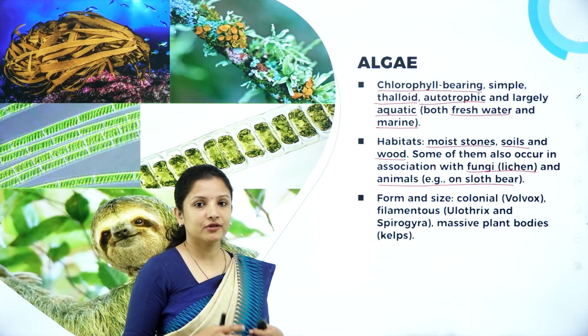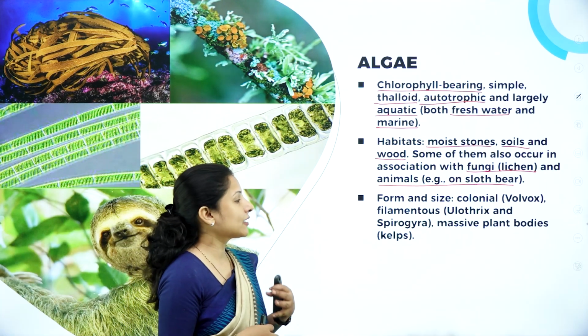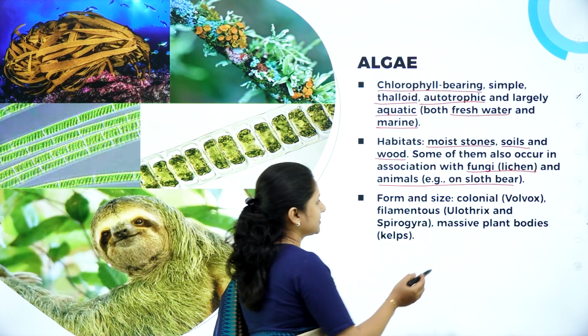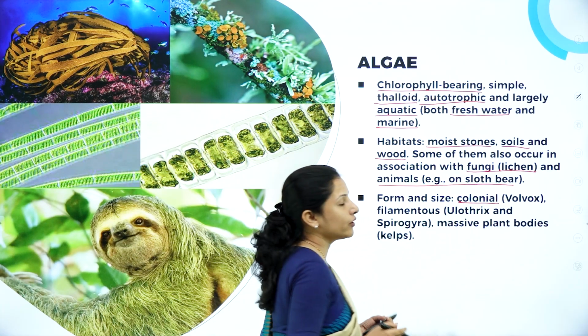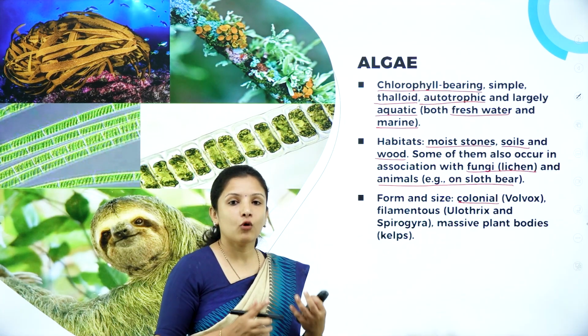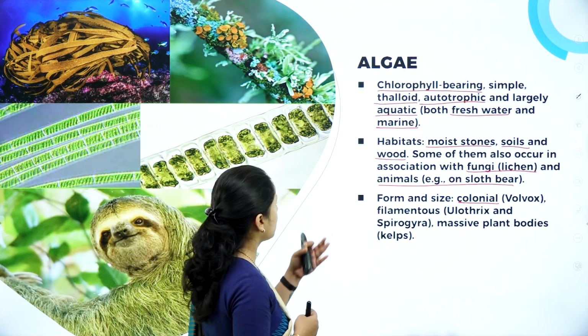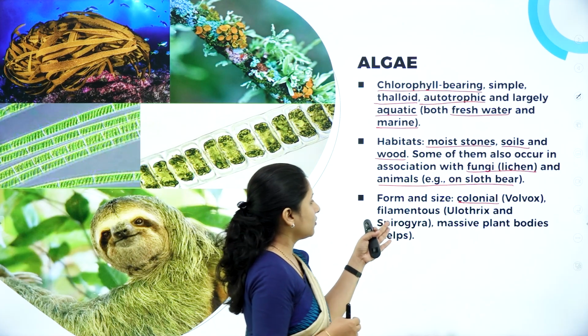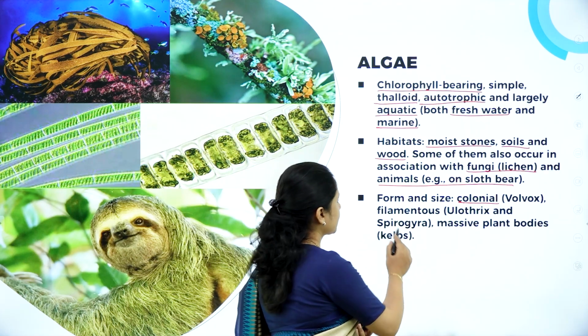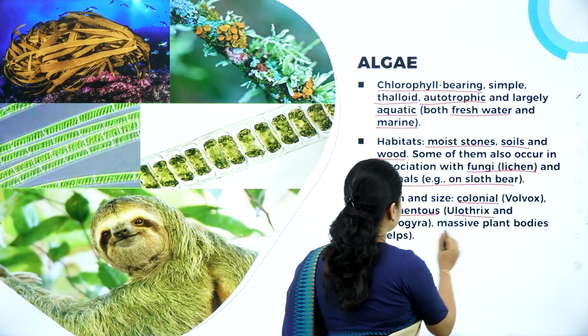Talking about their form and size, they can be colonial, that is, they can grow in the form of colonies, like Volvox, which is a kind of algae that grows in colonies. They can also be filamentous like Ulothrix and Spirogyra.